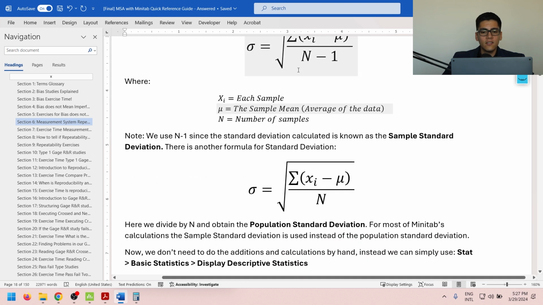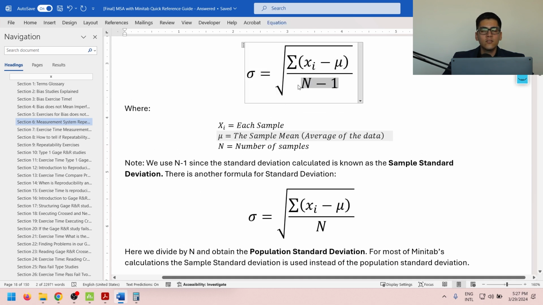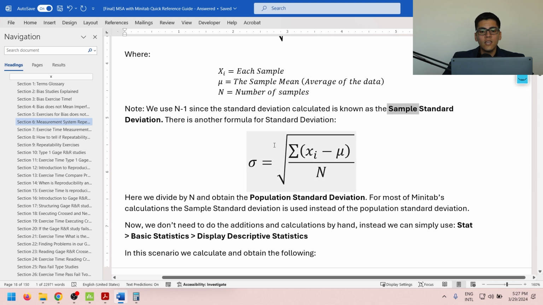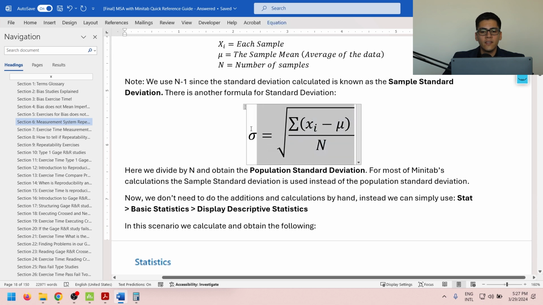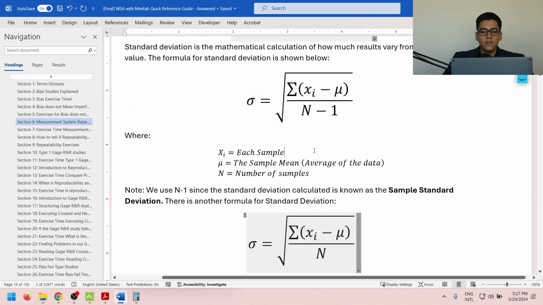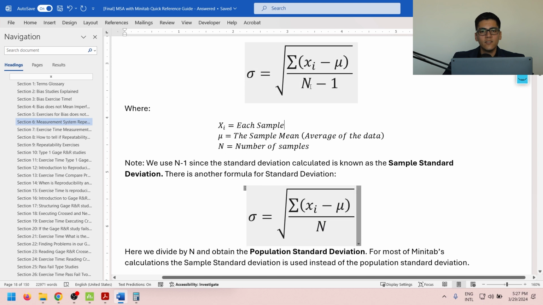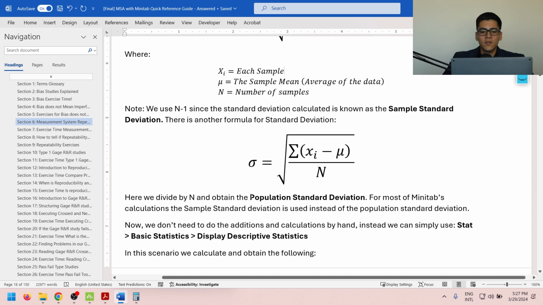Please note that this formula for standard deviation uses the value n minus 1. This is known as the sample standard deviation. If you Google the formula for standard deviation, you might find this formula right here. It looks identical, except that instead of n minus 1, it simply says n. This is because this is known as the population standard deviation.